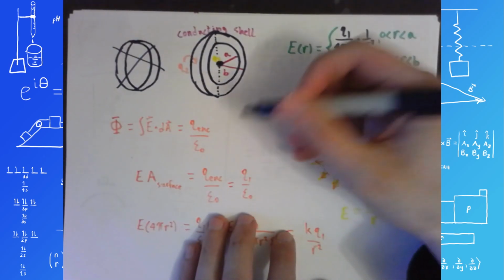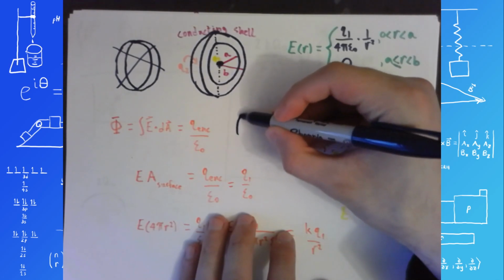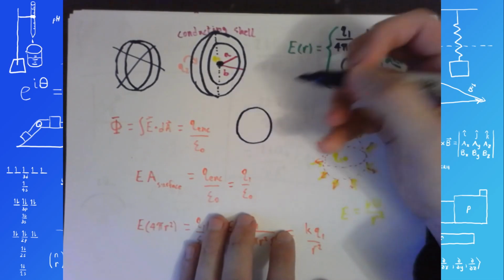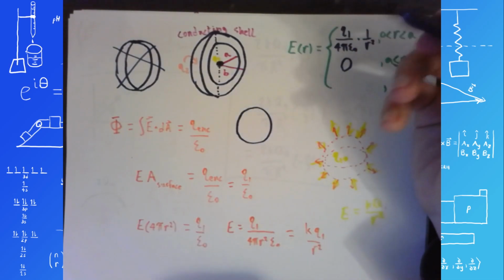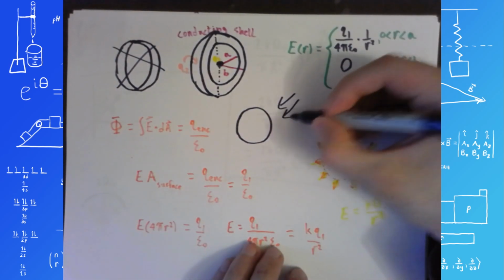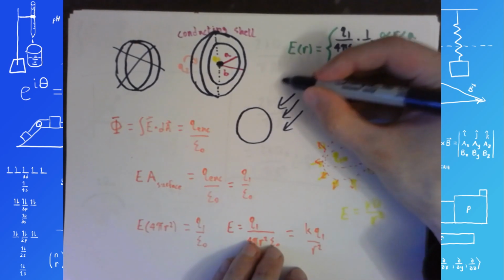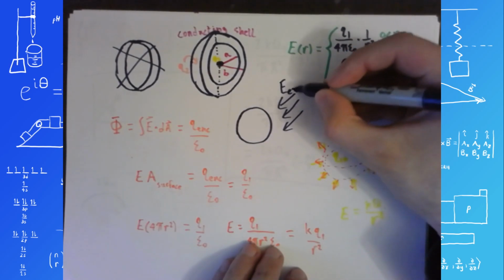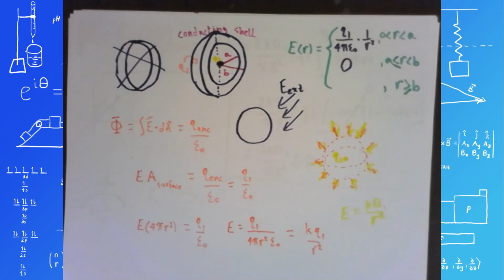So suppose you have a conductor and I exert some sort of electric field on it. Let's say I have a machine that generates an electric field like so. So this is an external electric field. What does this electric field do to a conductor?